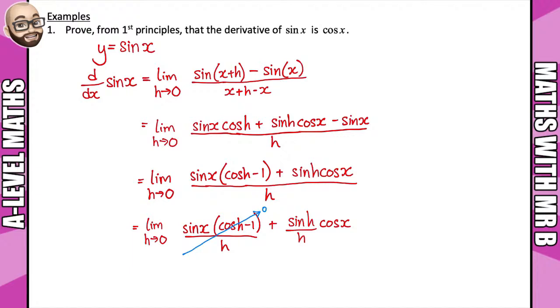Now on the other side, we need to look at this section here. As h gets closer and closer to 0, sine h also gets closer and closer to 0. Sine of 0 is 0, so that value is going to become increasingly small.